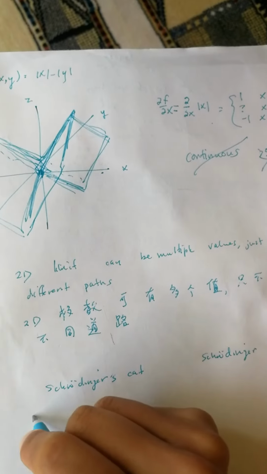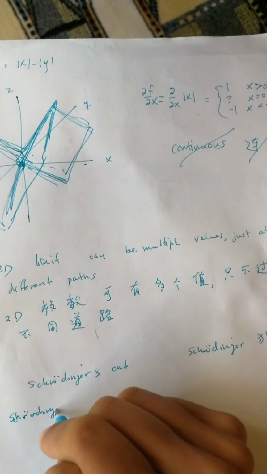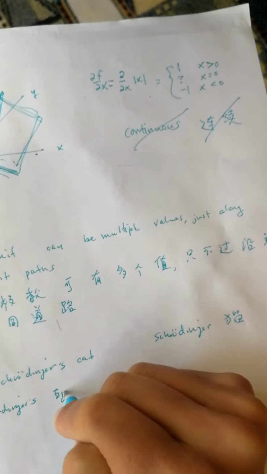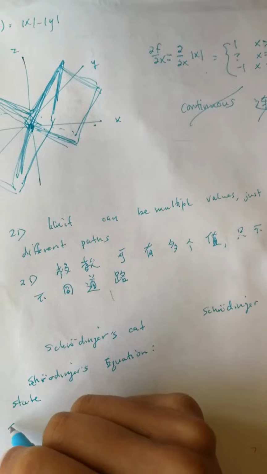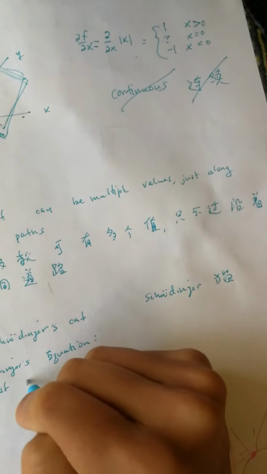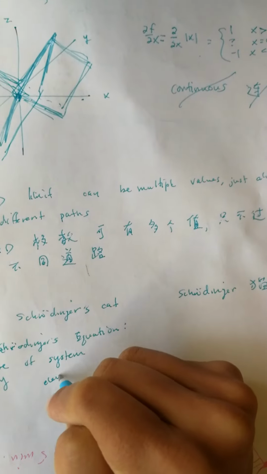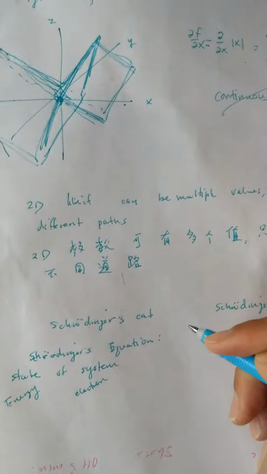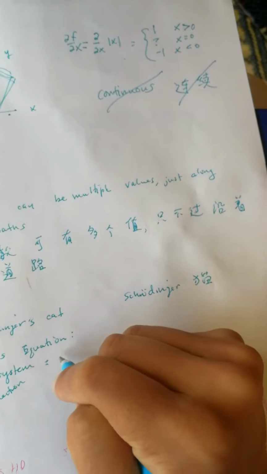Okay, we have Schrodinger's equation, which is that the state, for example the energy, of a system, such as an electron, is actually a probability wave function.